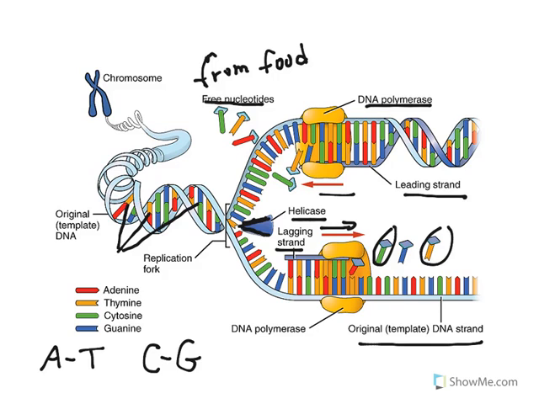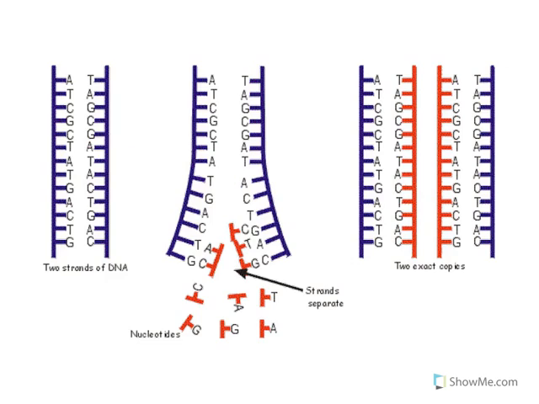It'll continue until the process is complete. And it's called a semi-conservative process because in the end, the two new molecules that you're going to form will each have half of the molecule from the original DNA, and the other half will be the new half that's being formed during the replication process.